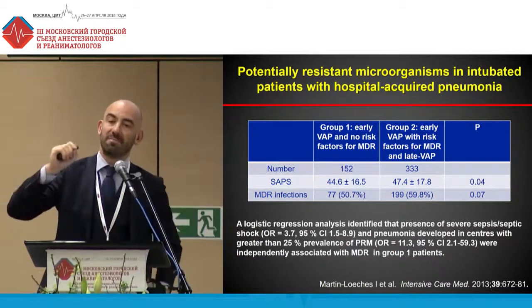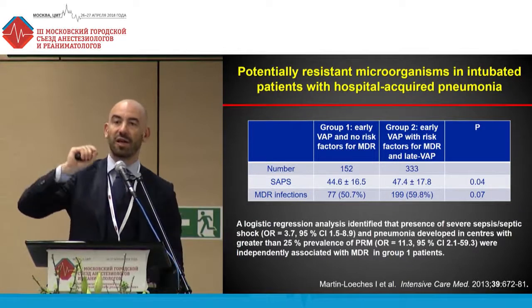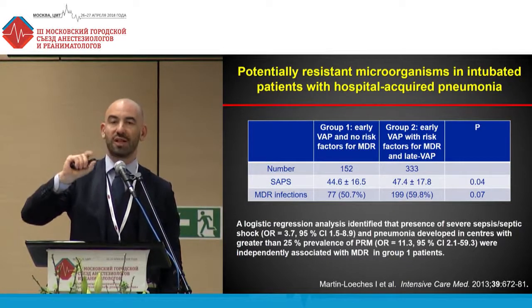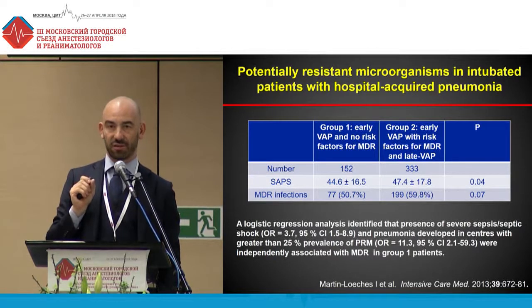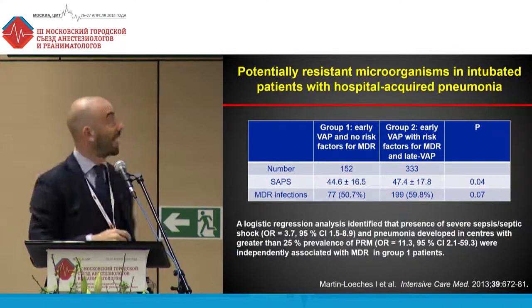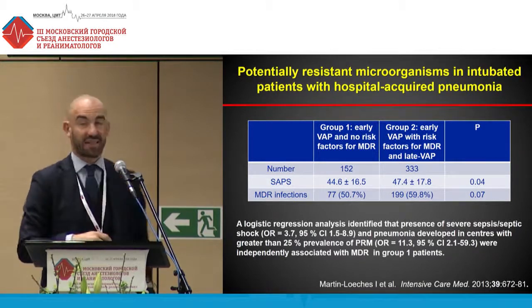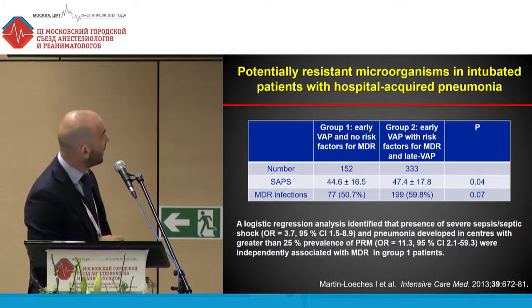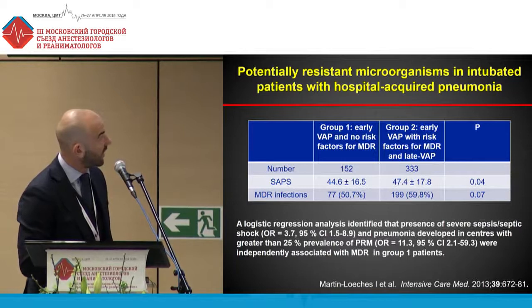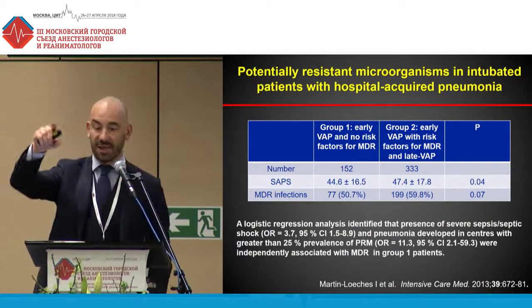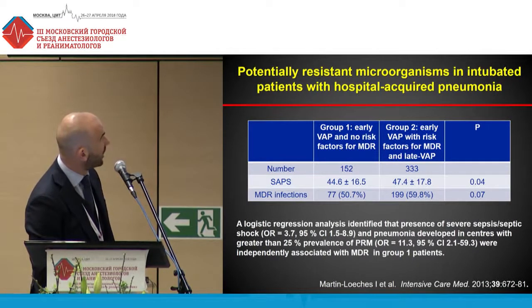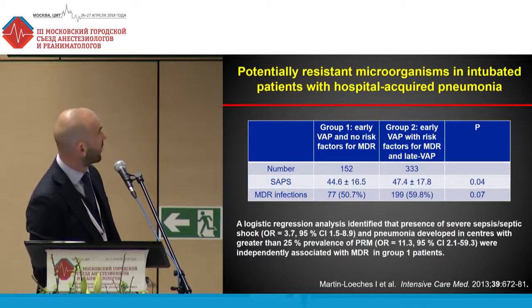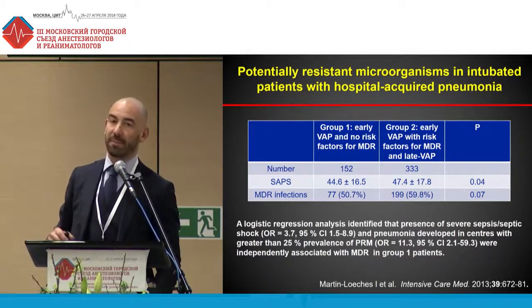So what is the message from this study? It's not only important to consider the days of mechanical ventilation, so early or late, but to consider risk factors for MDR. Logistic regression analysis identified that the presence of severe sepsis and septic shock, and pneumonia developed in centers with greater than 25% prevalence of resistant strains, were independently associated with MDR.